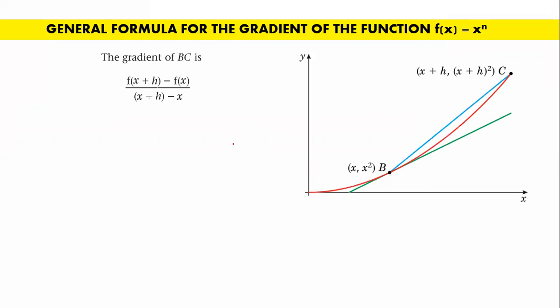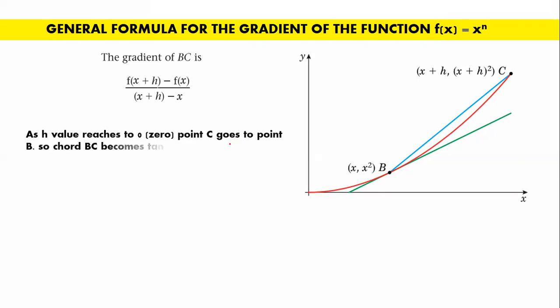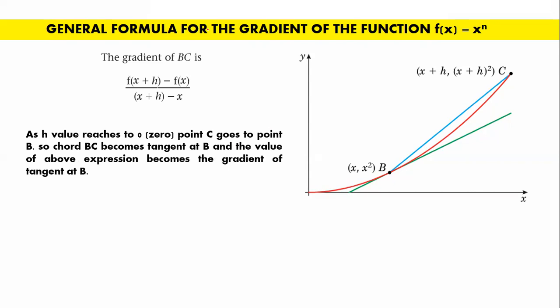In other words, the difference in y coordinates between B and C divided by the difference in x coordinates. As the h value reaches 0, point C goes to point B. So point C will reach point B along the curve. So chord BC becomes the tangent at B, and the value of the above expression becomes the gradient of the tangent at B.